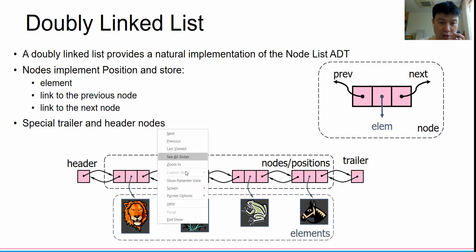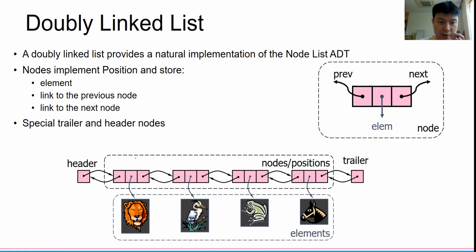If you check this example, we have the previous, which means I would like to go to the previous, which is the header. The header is the node that represents the first node, and the trailer represents the last node. These are special nodes because we want to know which node is in the front and which node is at the end.